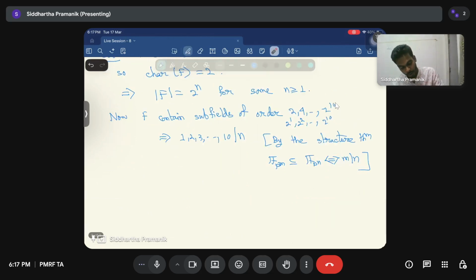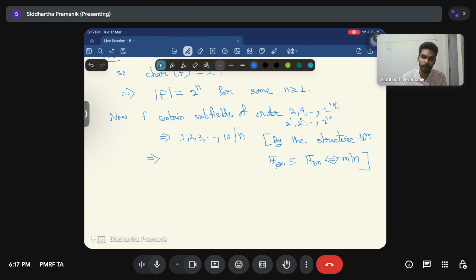So this is from the structure theorem. Now all of 1, 2 up to 10 divide n. This will imply that their LCM also divides n. So the LCM of 1, 2 up to 10 divides n. But what is the LCM of 1, 2 up to 10?